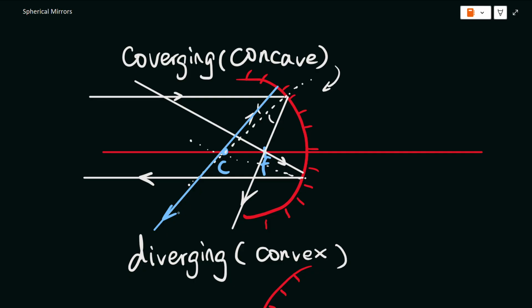These three will be the light rays that are usually sketched on a spherical mirror, or also on spherical lenses, which we will talk about maybe in our next video.